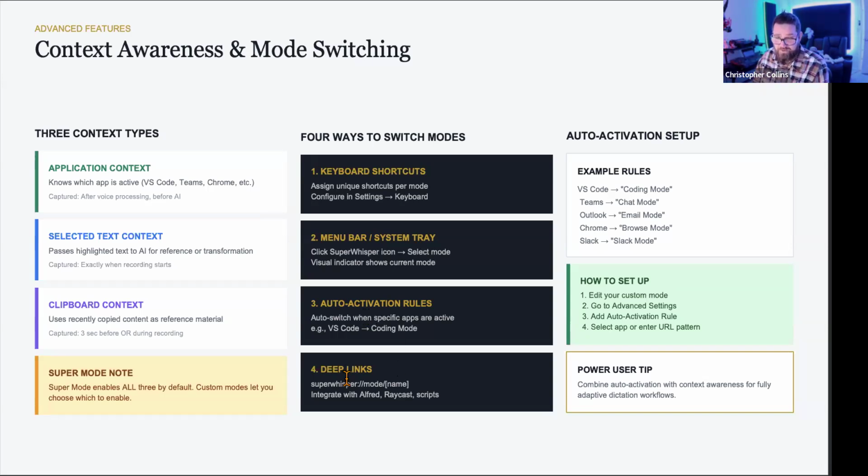And you can set up macros to also work whenever you say a specific application. So an example might be every time I open or use VS Code, it automatically enters coding mode. Every time I activate from Teams, it will automatically enter chat mode. Of course, Outlook would be email mode. And we can set all these up by going into the custom modes under advanced settings, and I'll show you how to build some rules for that.